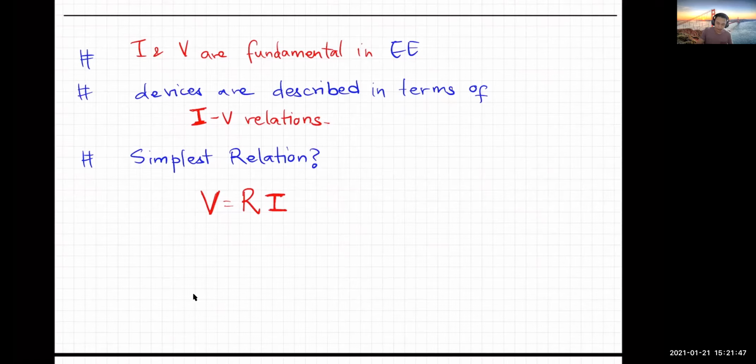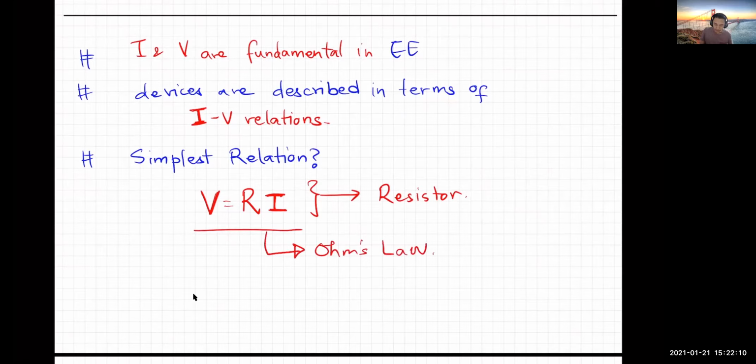Okay, so this is the simplest relation between voltage and current that we can think of, and a device that has this relationship is called a resistor. Okay, and this relationship between voltage and current is what we call Ohm's law. The constant of proportionality is called resistance, and it's measured in a unit called ohm, after the same guy.